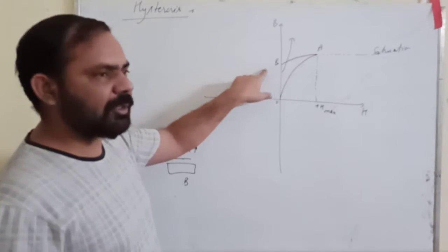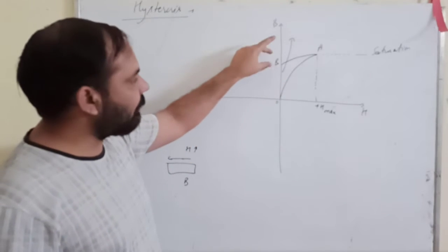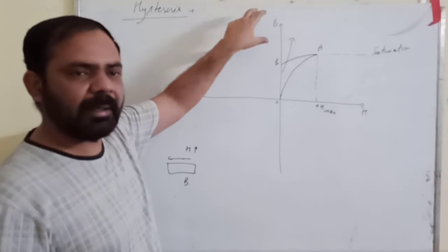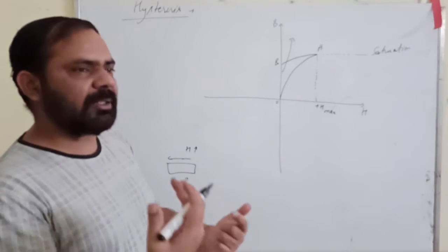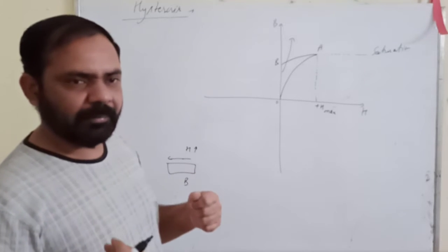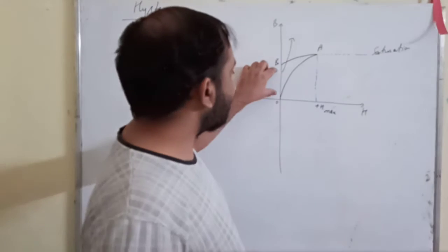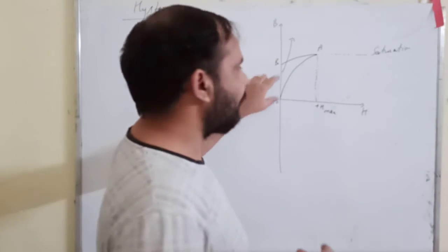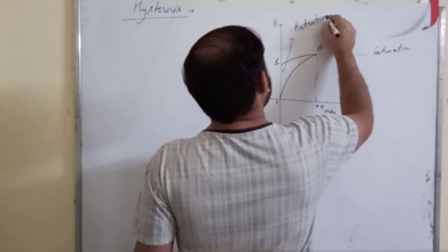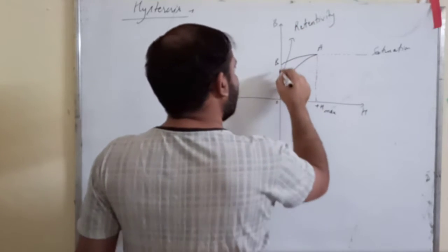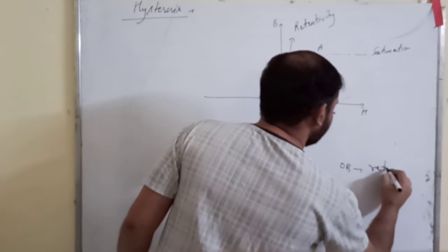You make the value of H 0, but some amount of B is still remaining inside the material. That is what it has retained, that amount of magnetic field, magnetic property. This is called retentivity. So this length, OB, tells you retentivity.